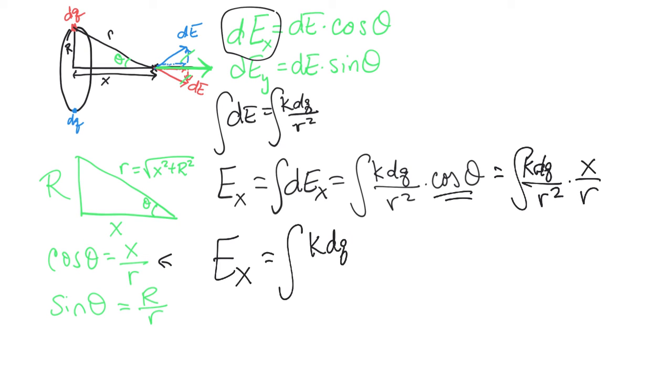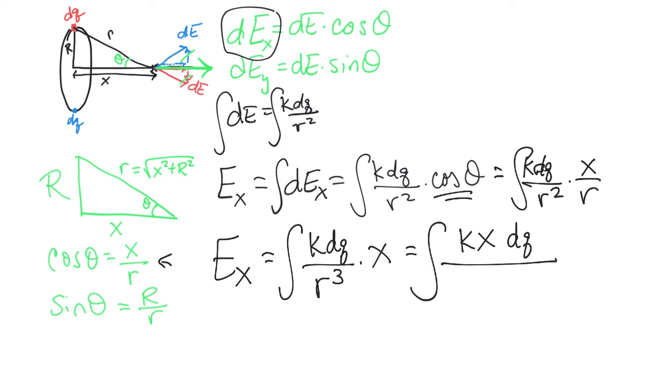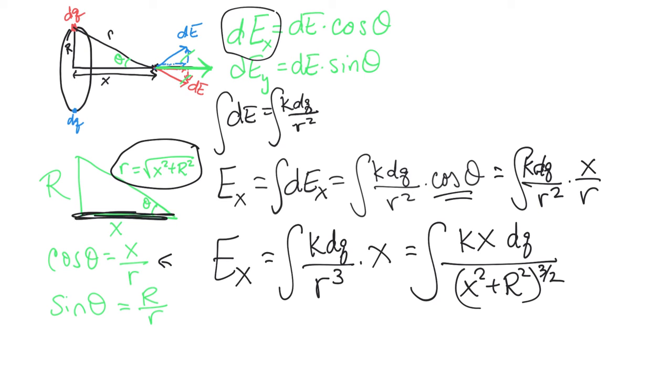So that's k dq over r cubed, and then what do we still have? x. Okay, seriously, hold on. I'm going to write this as k x dq over r cubed, and r cubed is x squared plus capital R squared to the 3/2. x is the distance away from the ring.